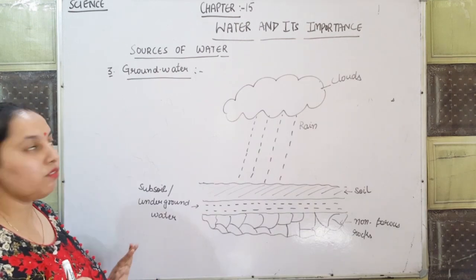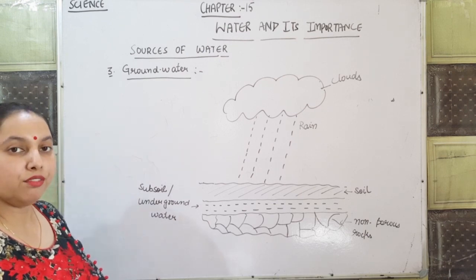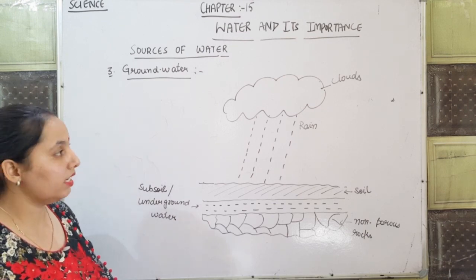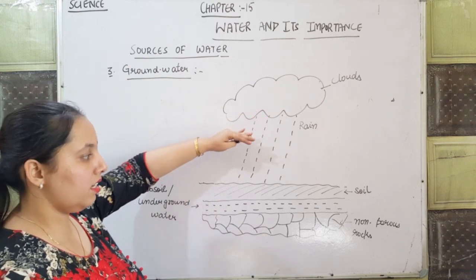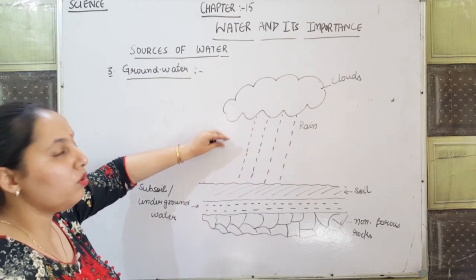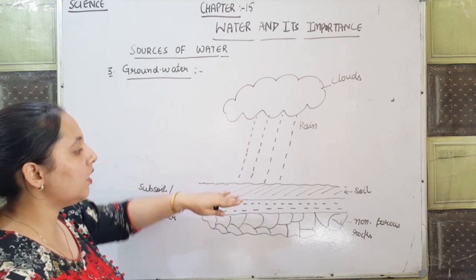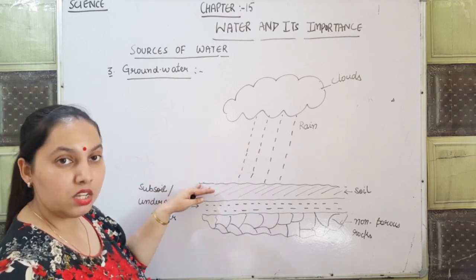The next source of water is groundwater. From where do we get the groundwater? When there is rainfall, some amount of water is absorbed by the earth through the soil.